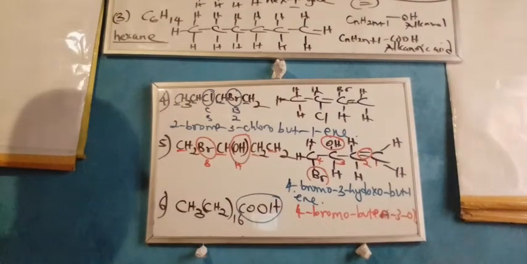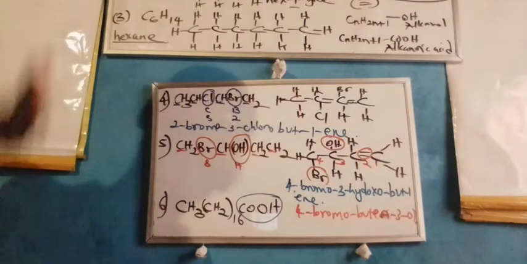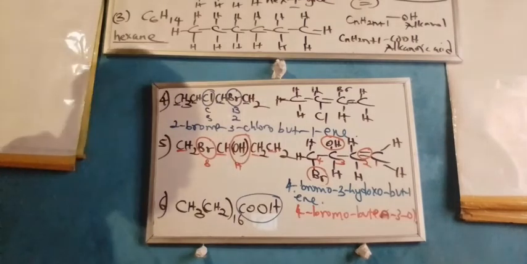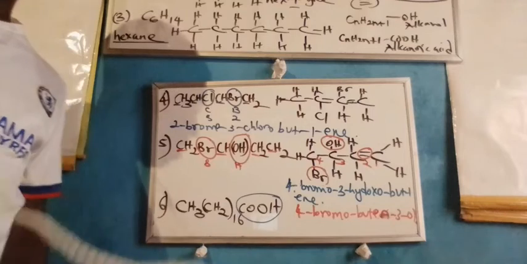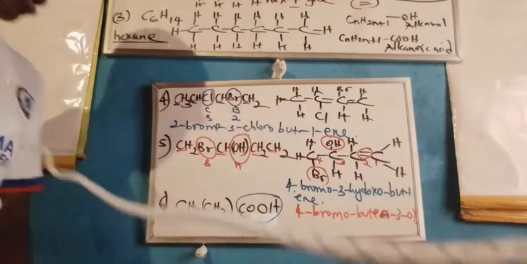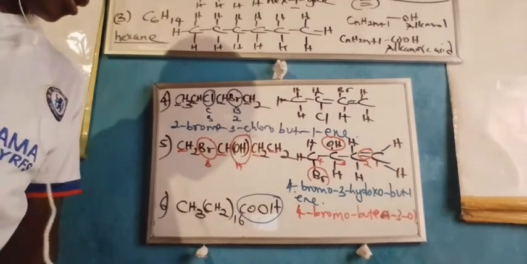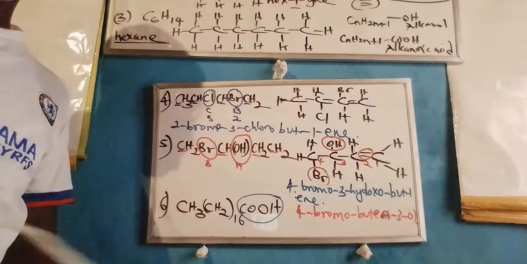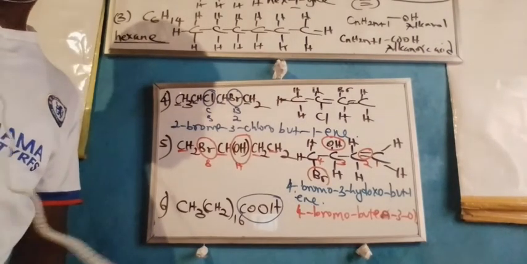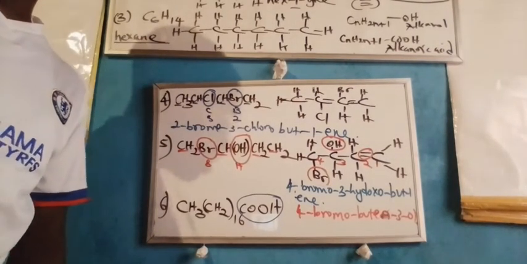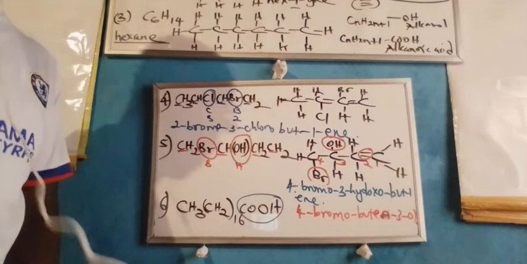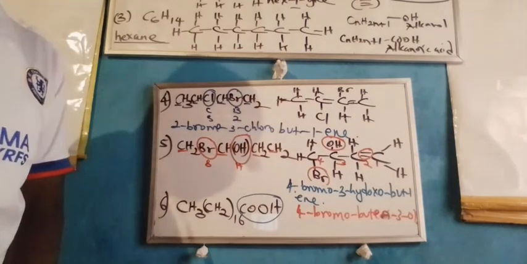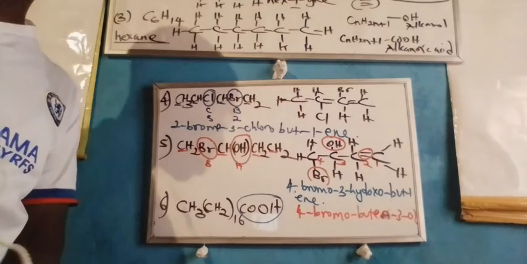And the number of carbons in this organic acid are 18. And therefore, to name, the first 10 is dec. After the 10th, we affix new prefixes like uni for 1, di for 2, tri for 3, tetra for 4, and then penta for 5, hexa for 6, hepta for 7, and octa for 8.